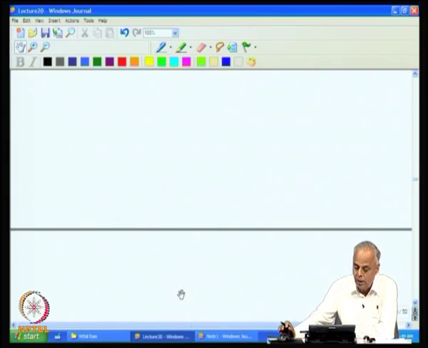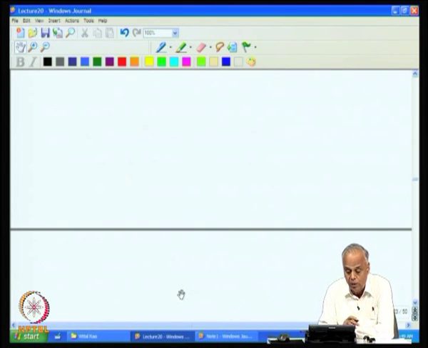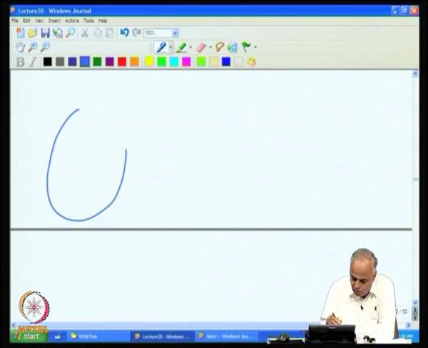We will now look at an important property of 1-1 linear transformations. We will just mention it first, we will look at what that imports.